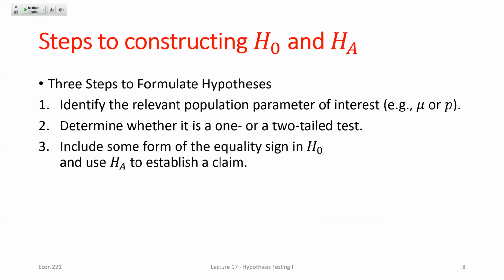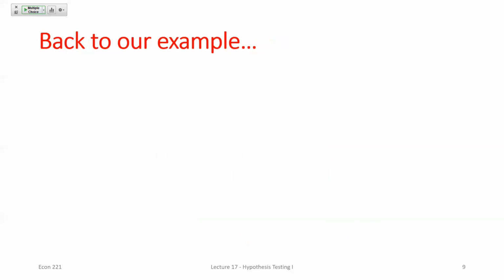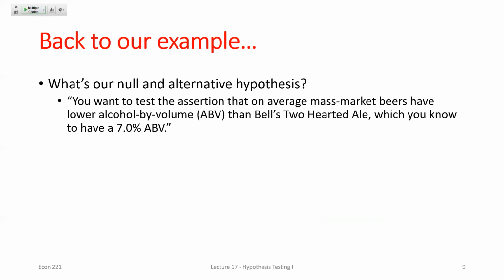Okay. So, let's start to see how we could solve one of these now. We go back to that example where I want to test for whether or not the average beer has an ABV lower than 7%. What I want to test for is whether or not that true population mean that I can't observe is less than 7%. That is my alternative hypothesis.